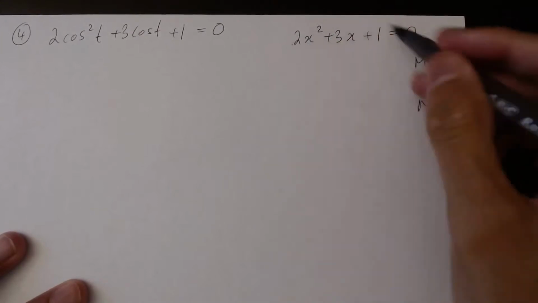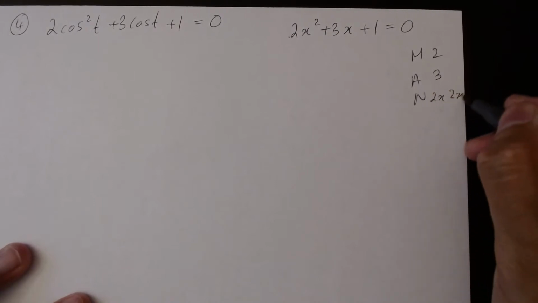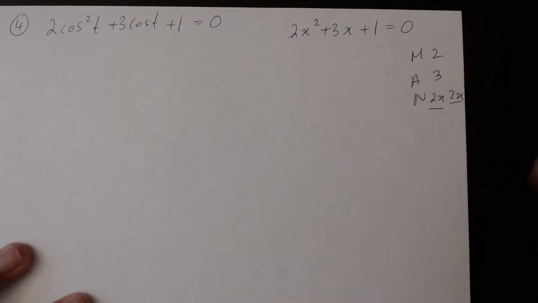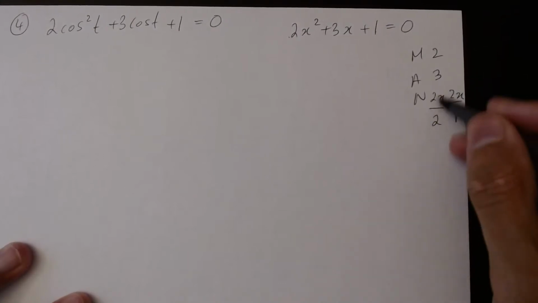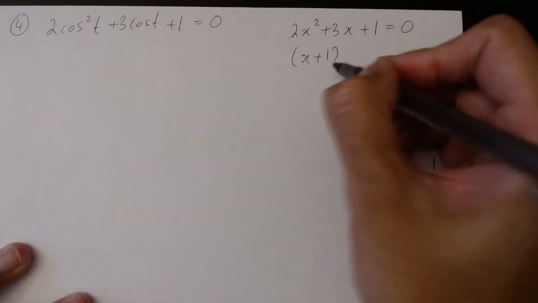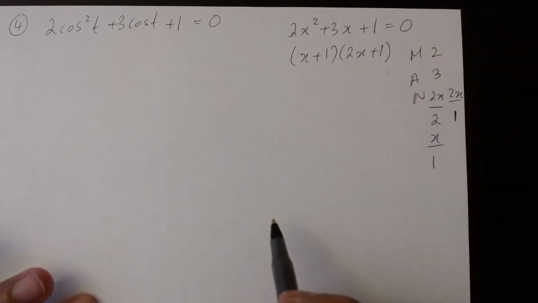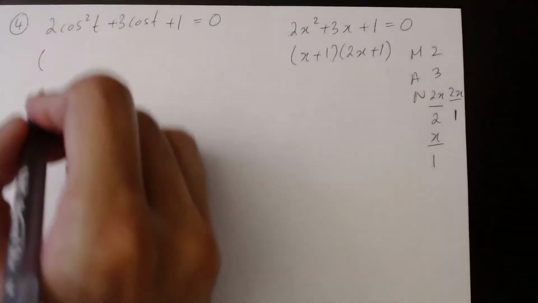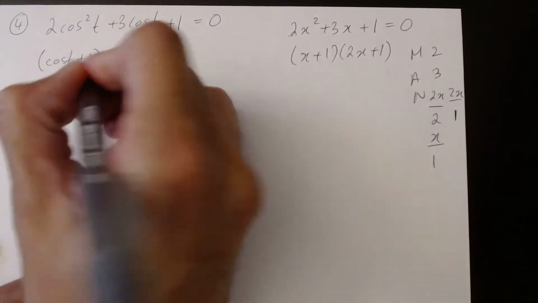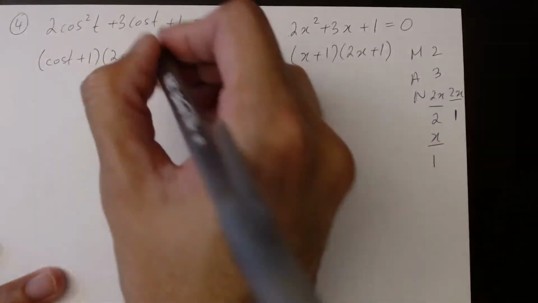So multiplies to 2, adds to 3. It's a complex trinomial, so I'll start with my fractions. And then my numbers are 2 and 1. I can simplify this one to x over 1. My factors here are x plus 1 and 2x plus 1. So I come back here and I write it. It's basically, instead of x, it's cos t plus 1 and 2 cos t plus 1.